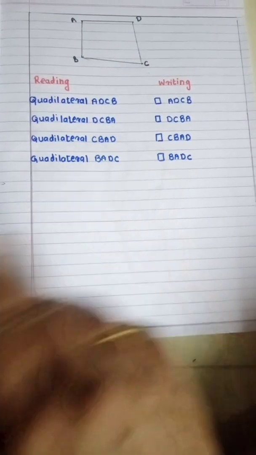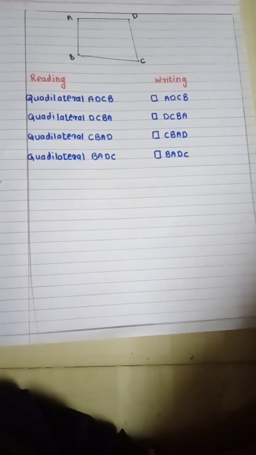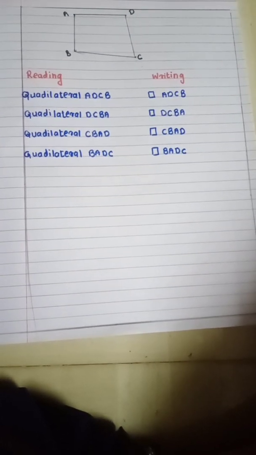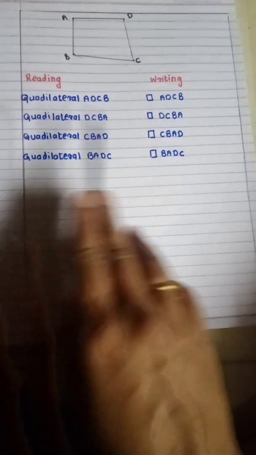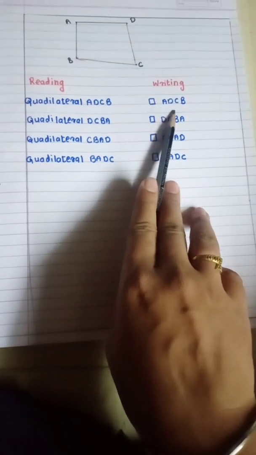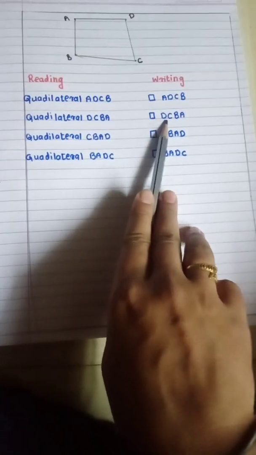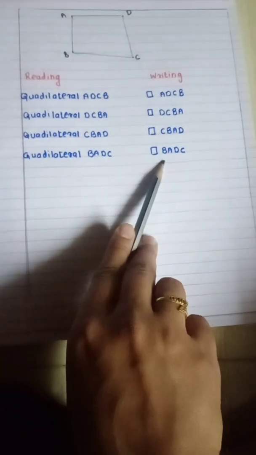You can observe that we can start the quadrilateral from any vertex. In the first one I started from A, in the second from D, then from C, and in the last from B. So the quadrilateral can be started from any vertex. Understood, students?